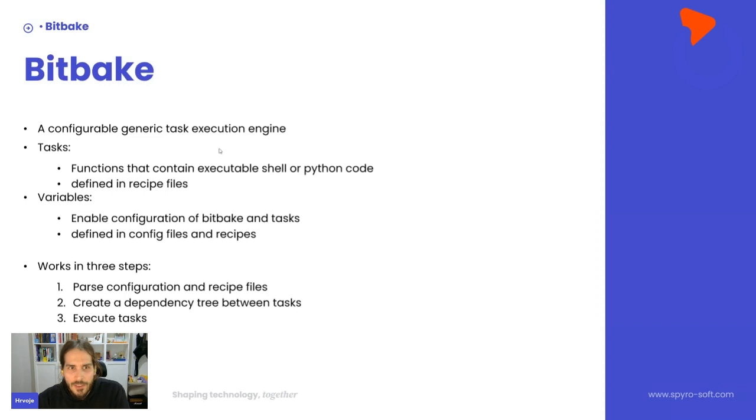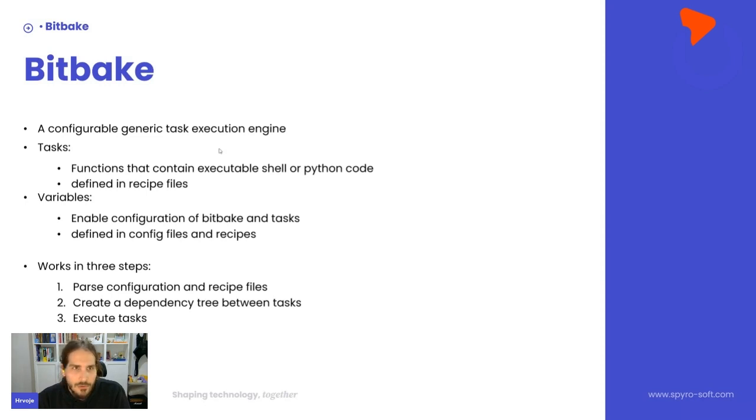So these tasks can be a bit more generic, and you don't really have to change them, and you can reuse them. So they'll run stuff based on the variables. The variables are not just defined in the recipes, they're also defined in all kinds of configuration files.